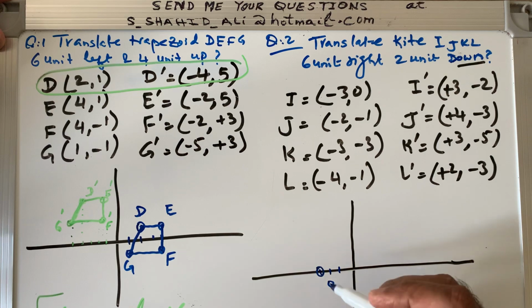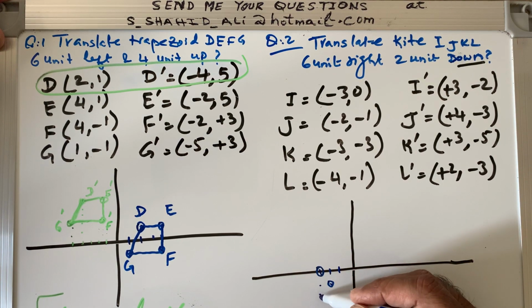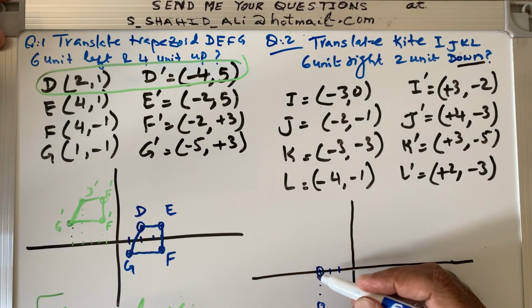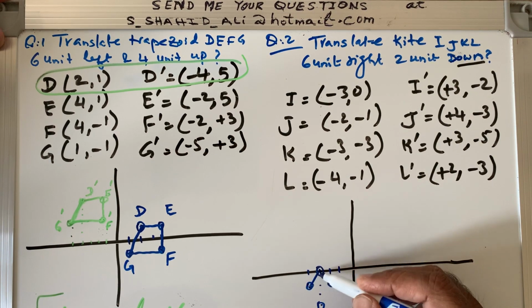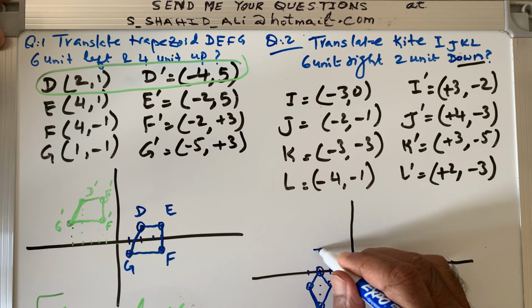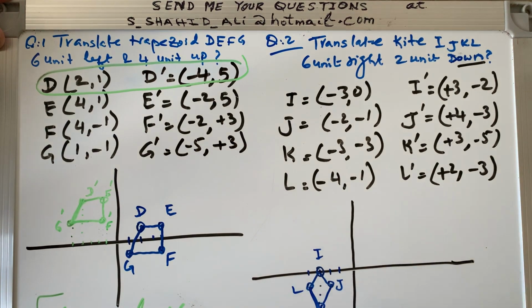Then -3, -3: 1, 2, 3, so -3 is here. Then -4, -1, somewhere here. So my kite is like this, with points I, J, K, and L. We draw all the coordinates IJKL on the grid.